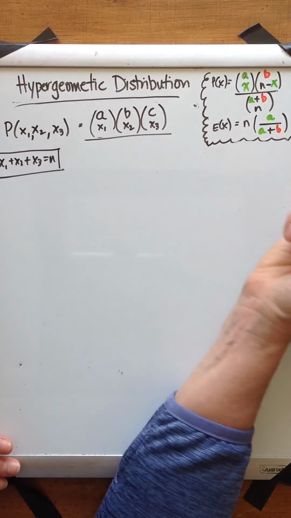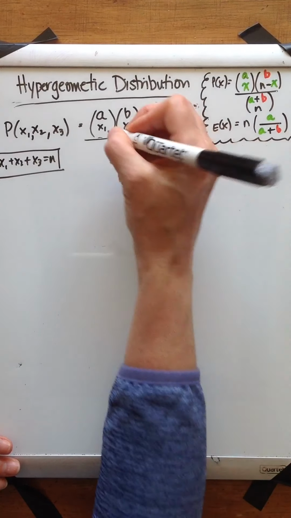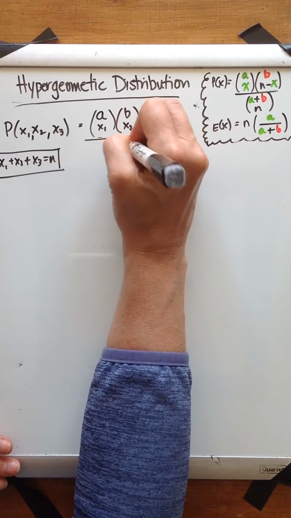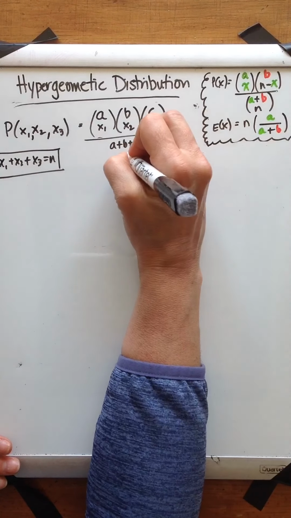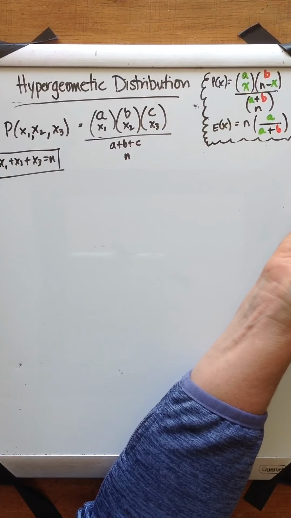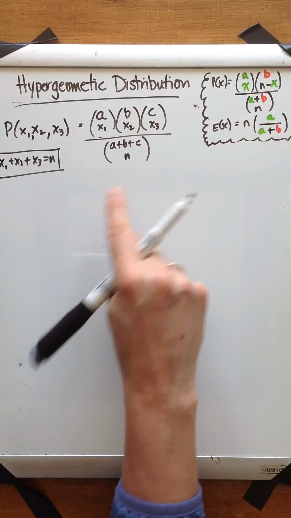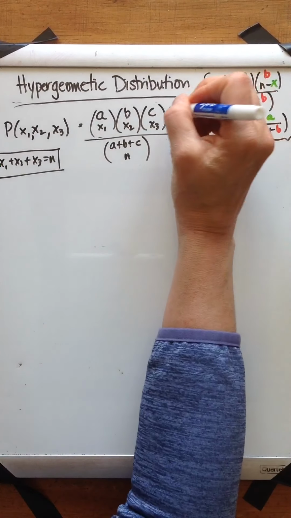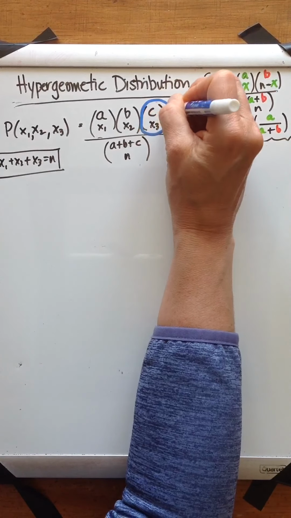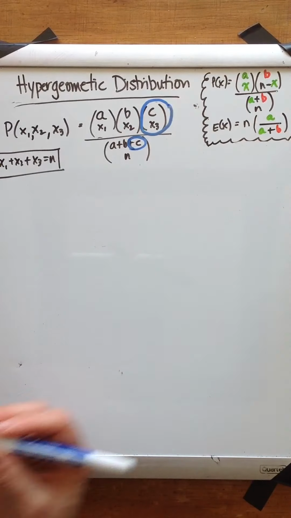And then your bottom is equal to the sum of all of your possible outcomes, which would be A plus B plus C, choose n, or choose the number of trials. So it kind of looks confusing, but it's not really. The only thing that we've added in is this and this, right?